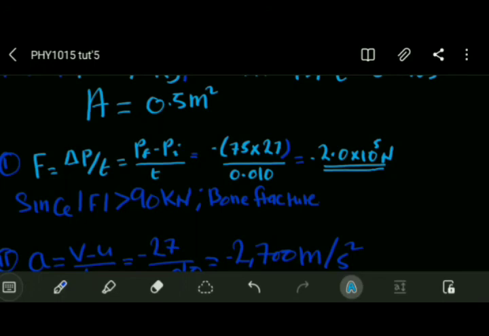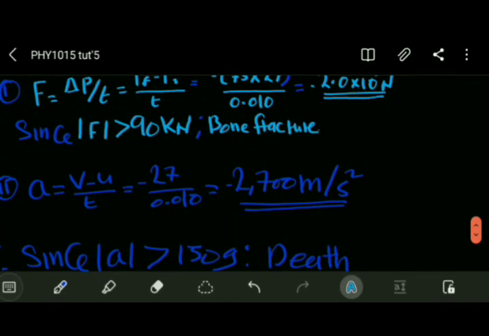So we can see that the magnitude of this force, 2.0 times 10 to the power 5 newtons, is greater than 90 kilonewtons. Therefore, we are going to have a bone fracture, very broken actually, because the force is much greater. So we have concluded about the force.